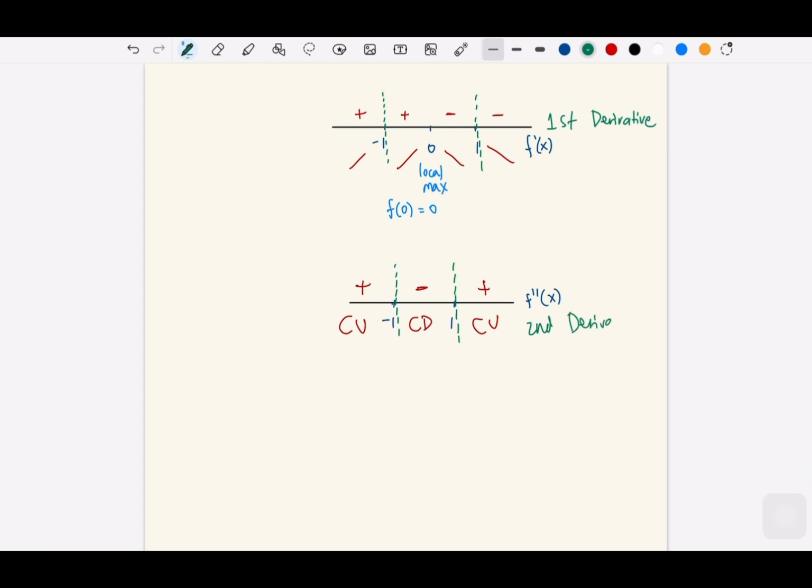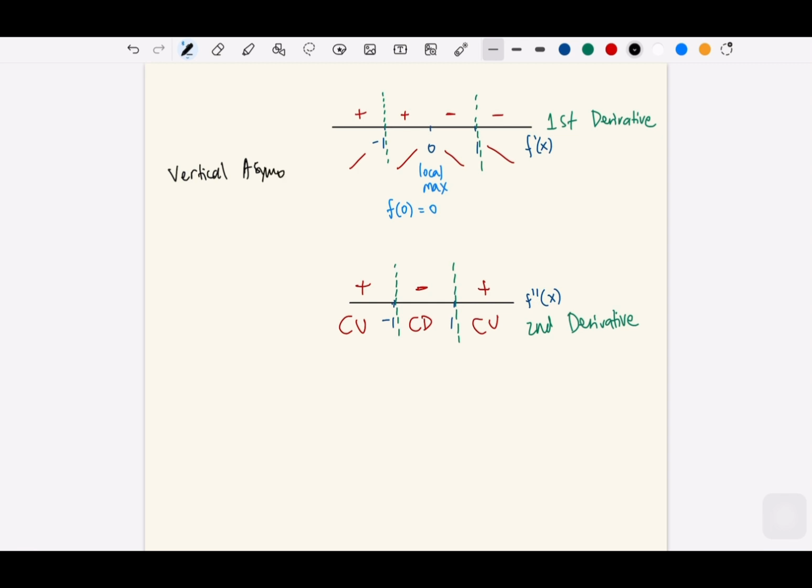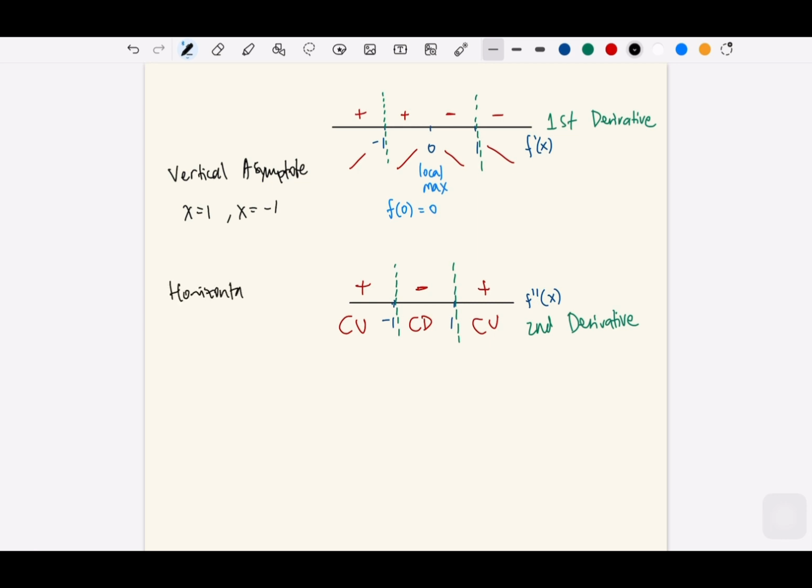And then all the asymptotes. So the vertical asymptotes are x equal 1, x equal negative 1. Horizontal asymptote is y equal 2.